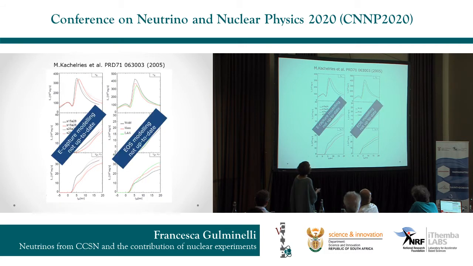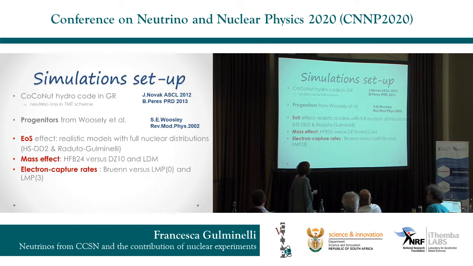And for this reason, it is important to sort of redo this kind of sensitivity studies with much more modern state-of-the-art nuclear physics knowledge. And so this is what we have done. Other groups have done things in the same spirit. So this is the simulation setup.